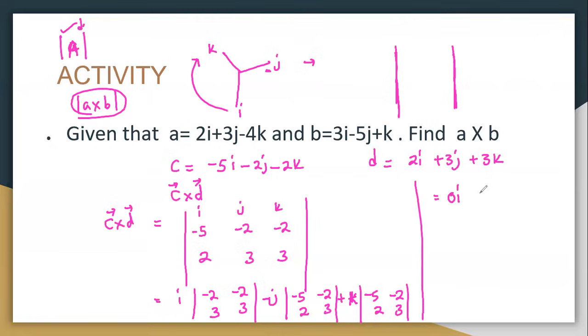Then we have -5 times 3, which is -15, minus -2 times -2, which is -4. So -15 minus -4 gives us -11. So 11J, negative. Okay.